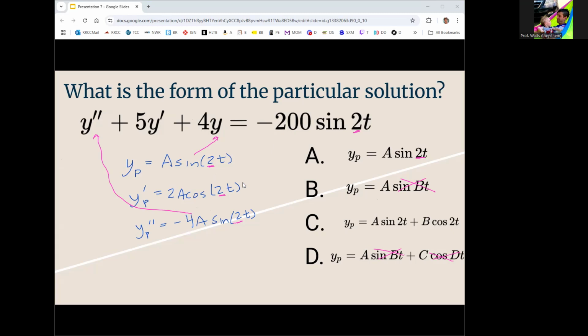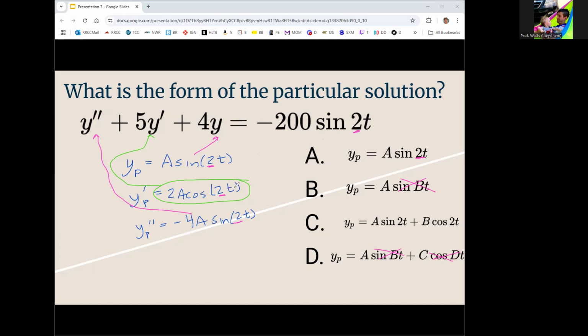However, I would still have this term in the middle that has a cosine, and there's no cosine on the right side. Because of the way we take derivatives, sine and cosine bounce back and forth, so if you have just one of them in your forcing function, you need both of them in the particular solution to balance out.